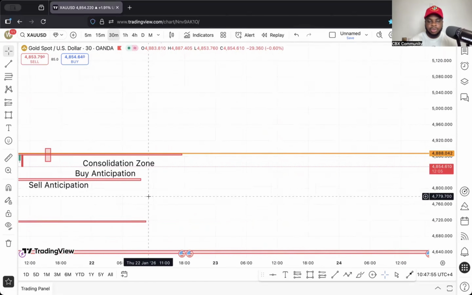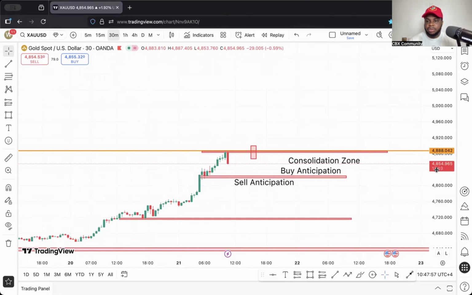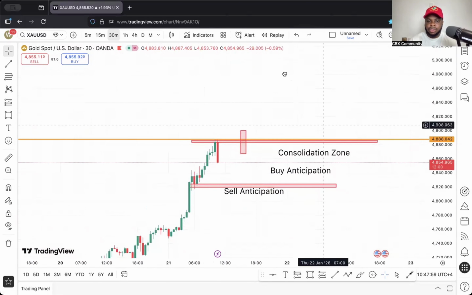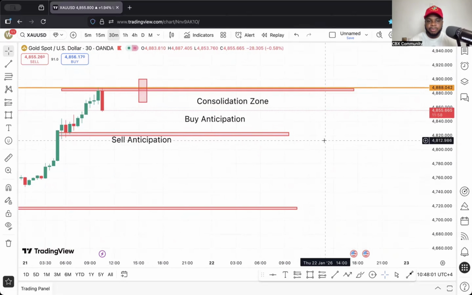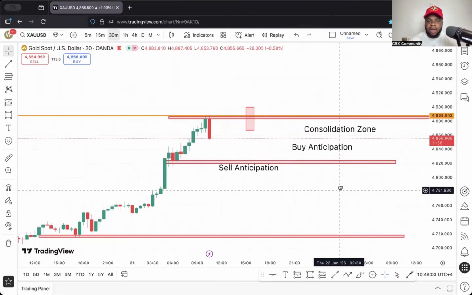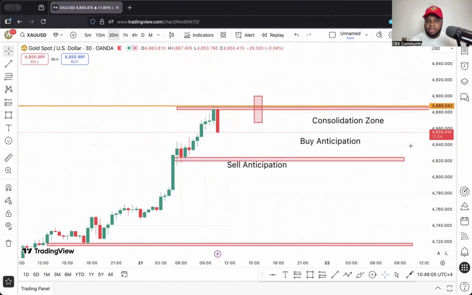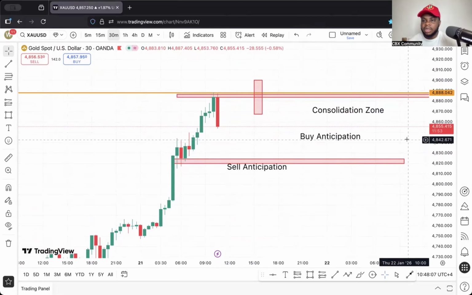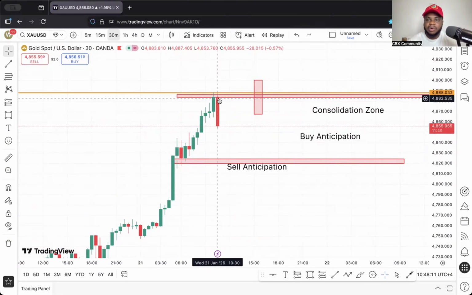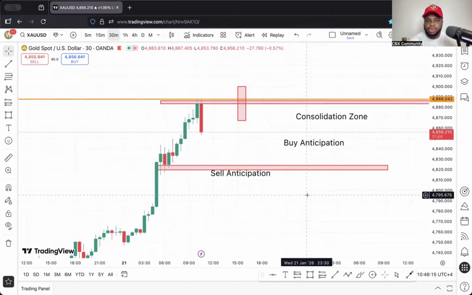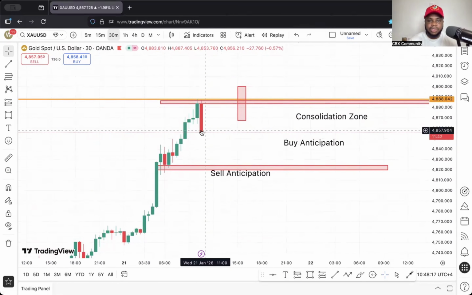The candle can choose to reject that zone and close with a bullish candle. So until the candle has closed, we will not be able to identify this zone as our recent resistance zone. So for now, we don't need to do anything until the close of this candle.